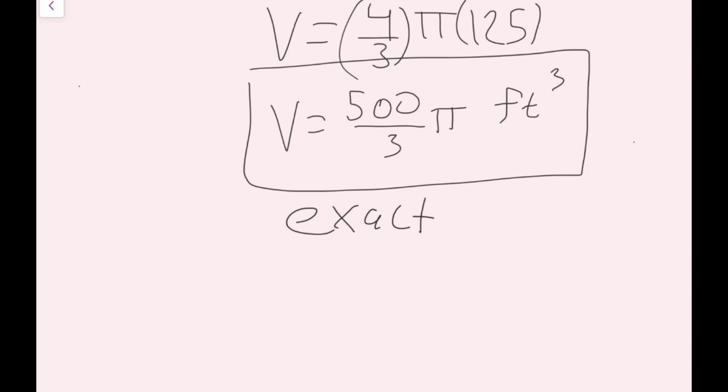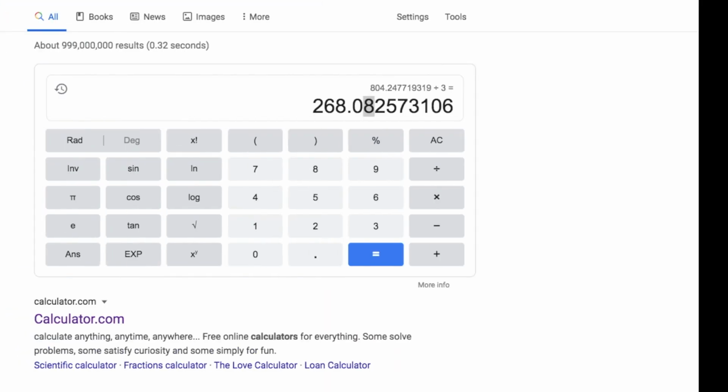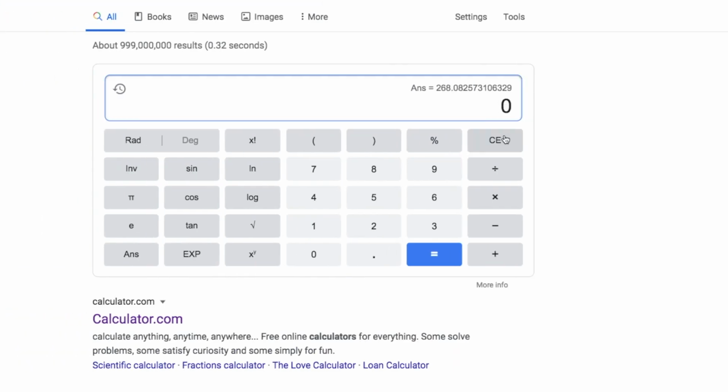But once again, we want our answer rounded to the nearest tenth. So we're going to go over to our calculator again. And then we'll do 500 over 3, or really 500 pi over 3. So 500 pi, and then divided by 3. And we get, for our final answer, 523.59, blah, blah, blah.